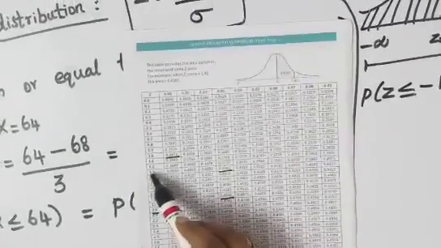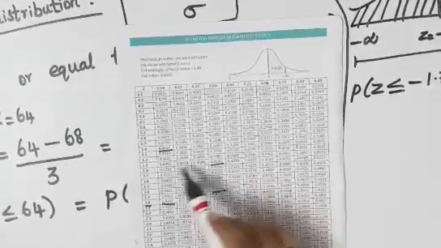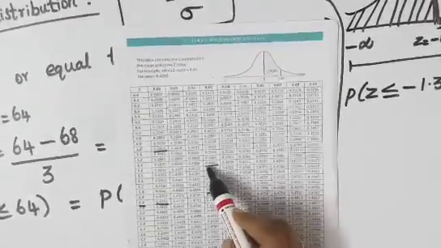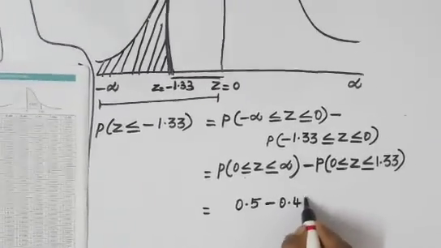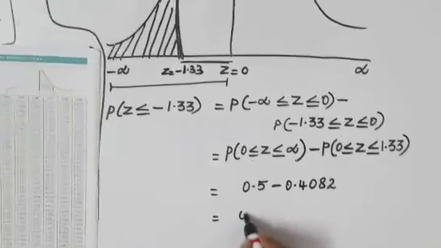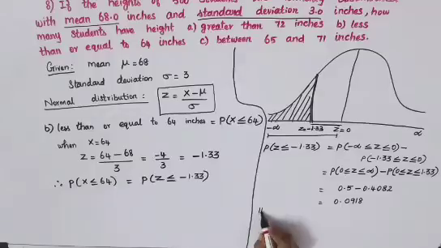In your table, 1.3 and straight away 3 is there. We already marked this in your A subdivision, so the same value, 0.4082. Now subtracting, your answer will be 0.0918.